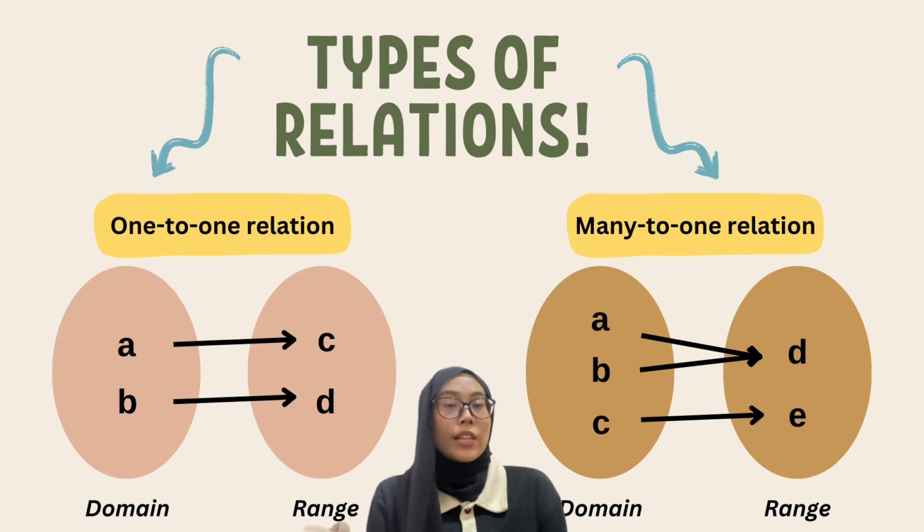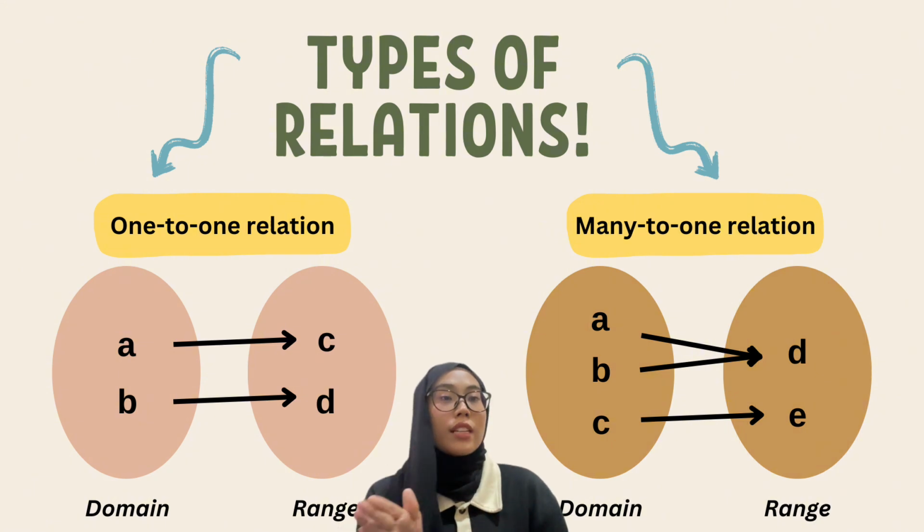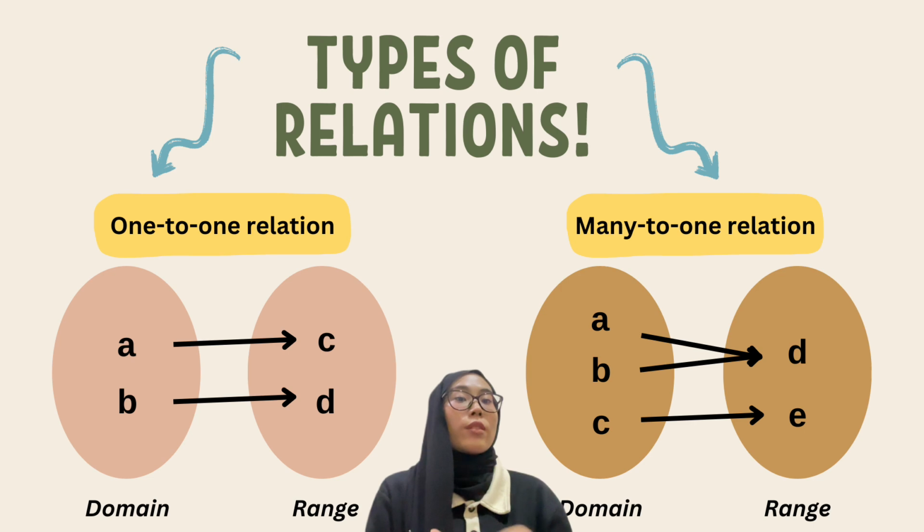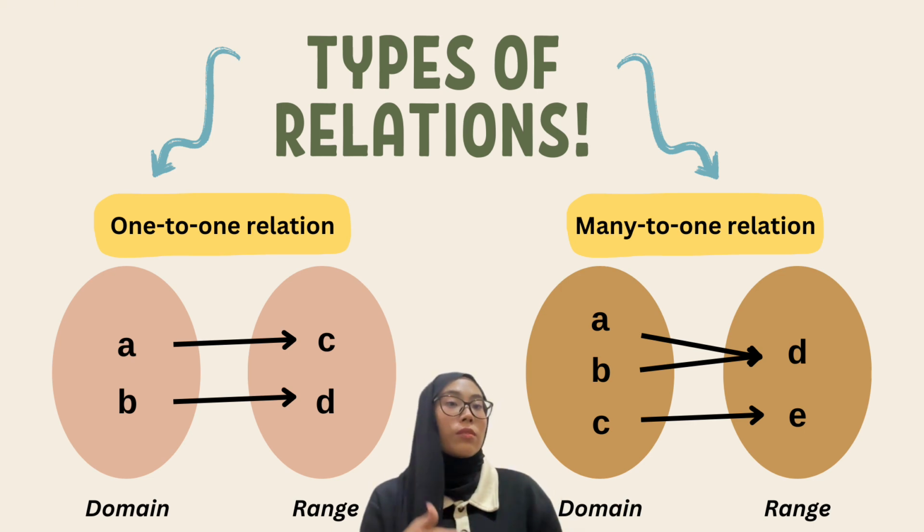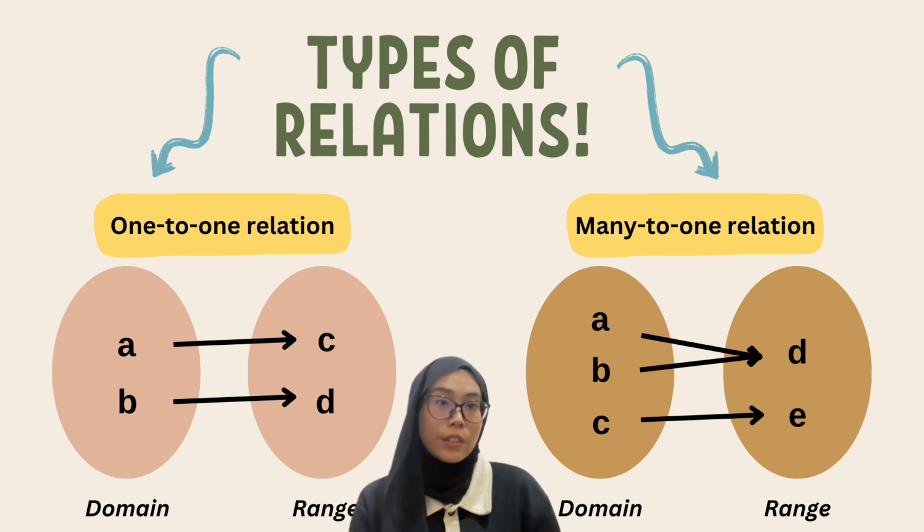Both of these relations have domain and range. So, domain is all the possible x values on the graph, meanwhile range is all the possible y values on the graph. Next, for more explanation, I will show you the use of GeoGebra for how to find domain and range of function.